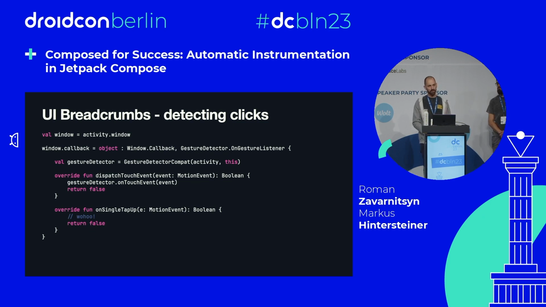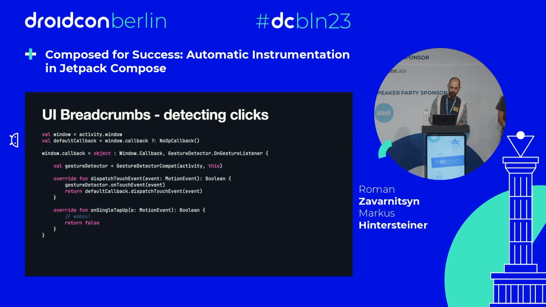We quickly realized that, although this was working just fine, overriding the window callback is not a good idea, at least not this way, because you override any existing callback. And the Android system actually is using this callback. For example, when you have a dialog and you click outside, the dialog should usually be dismissed, and that's what the Android system is using in the background. So in order to not break any existing functionality, we also need to save the existing callback away.